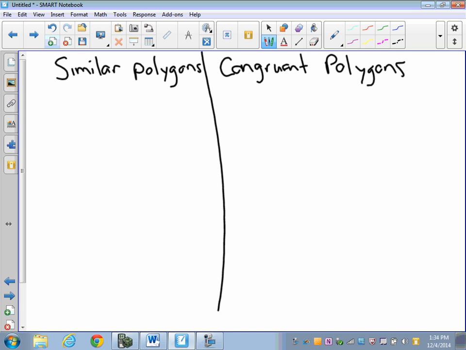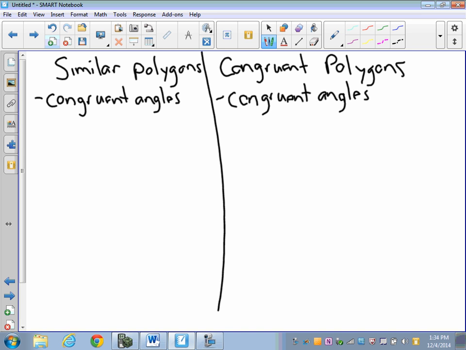We have one thing that's in common. They have congruent angles. So the corresponding angles are congruent. One thing that is different is that the corresponding sides are proportional, whereas congruent polygons had congruent sides.